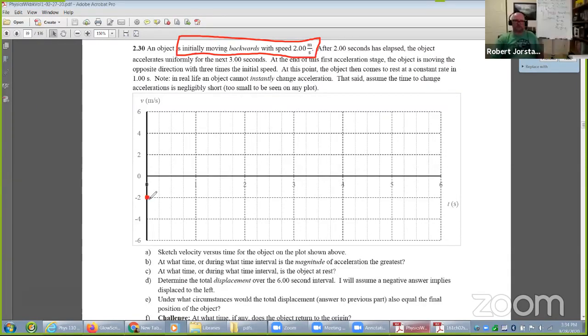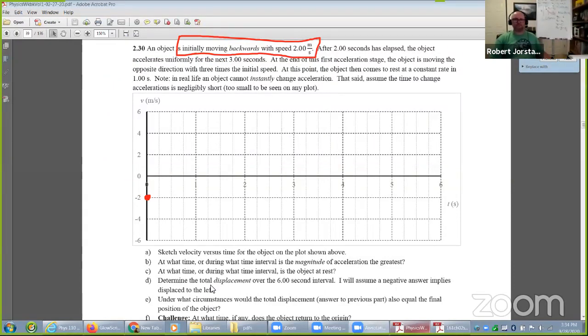I love it. So that tells me that. Is everybody okay with that? Moving. That's the key word that makes you think velocity. Backwards, -2. All right, that's good stuff.